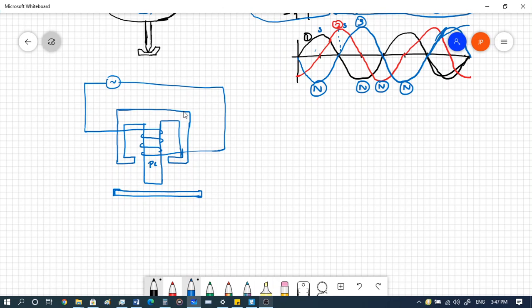And you have your current coils. So this is connected onto a spindle, as we have seen, which is free to rotate. And you have your current coil at the bottom. And the winding is connected over here.